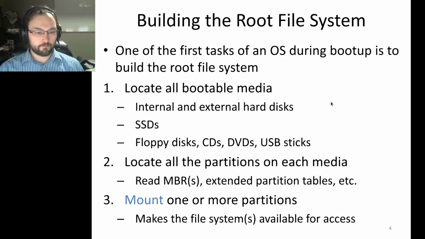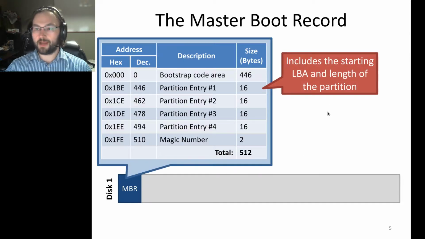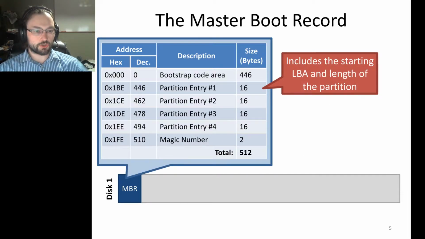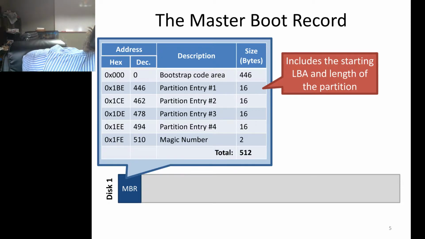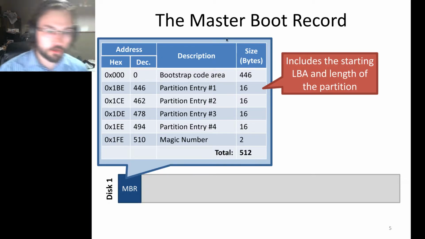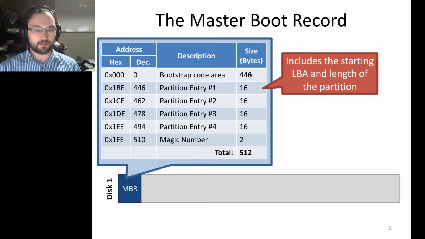In fact, in the traditional master boot record structure that we have on hard drives, the first block of data on the disk, that's going to be the first 512 bytes, provides space for 400 bytes of bootstrap code, so that's going to have to be code that executes and can find and load the bootloader.